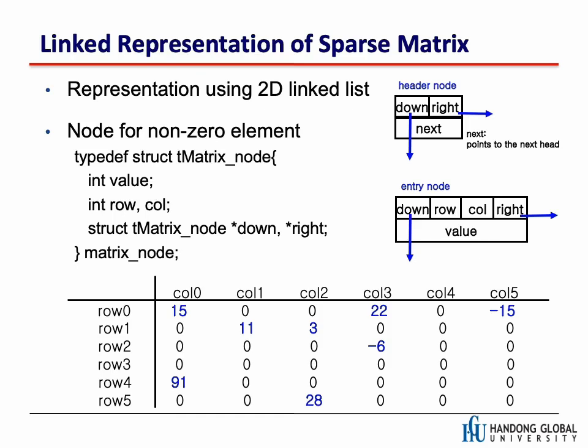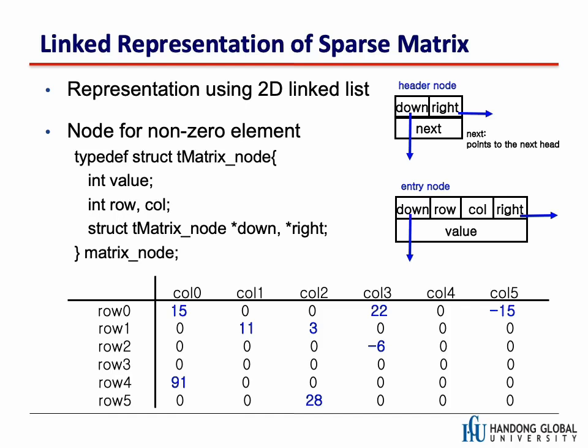Like we did in the linked list, we will connect all of these elements with 2 pointers, down and right. Down follows the column. So on each column, down will point to the next one. For example, if the current node is 15, then value is 15, row is 0 and col is 0.